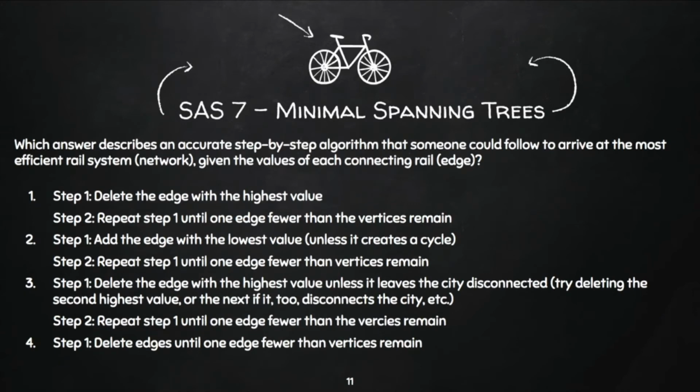No, that probably works as long as everything's connected. Step 3, delete edge of the highest value. We already said that wouldn't work. Step 2, repeat step 1. Number 4, step 1, delete edge until one fewer. No, that's not going to work. So we know that step 2 is the answer. Guess what? We're right. Or I'm sorry, answer 2.